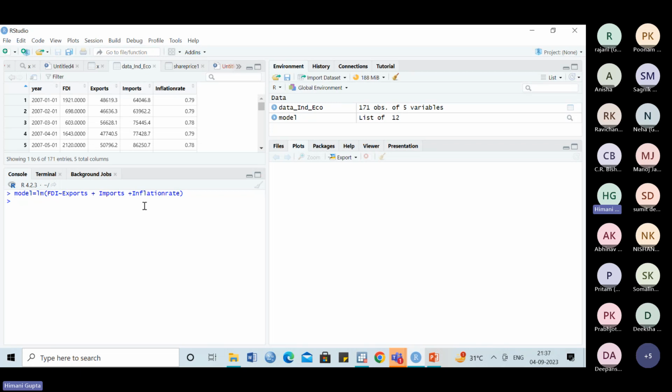Have you created the model? Okay, everyone has created the model.